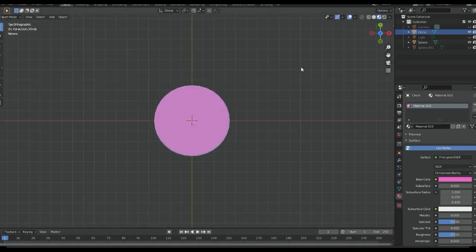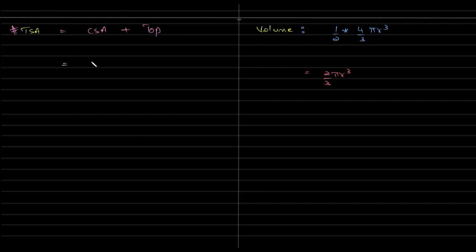Well, it is nothing but a circle, is it not? So we have 2 pi r square plus pi r square, because even that has the same radius. So pi r square, the end of it is 3 pi r square if you want to add it up. 2 plus 1 is 3 pi r square.